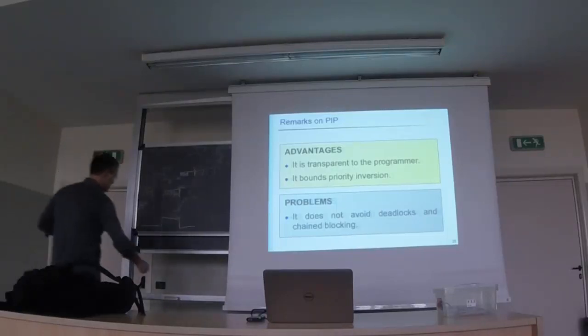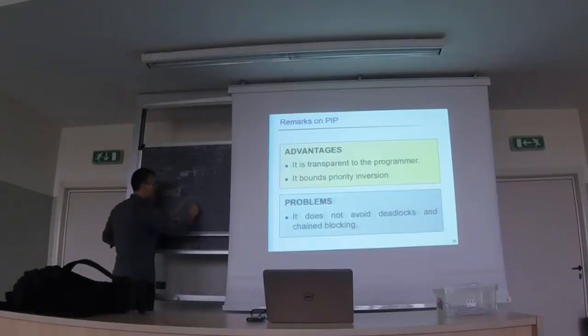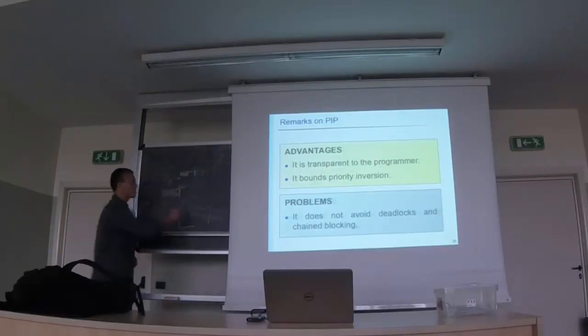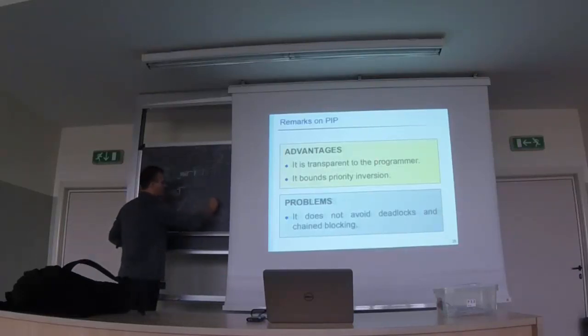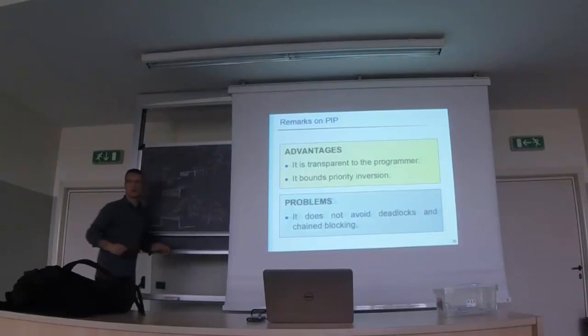So we said that a wait on semaphore A and a wait on semaphore B on one thread, while another thread does the opposite, a wait on semaphore B and a wait on semaphore A, is a potential deadlock, right?